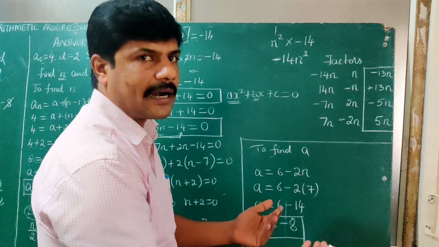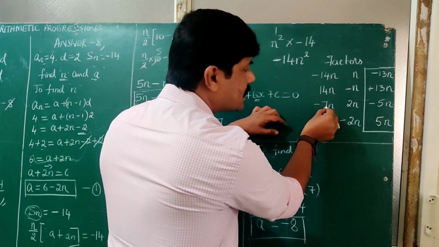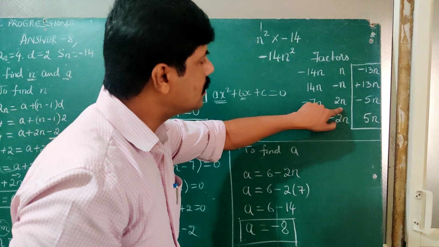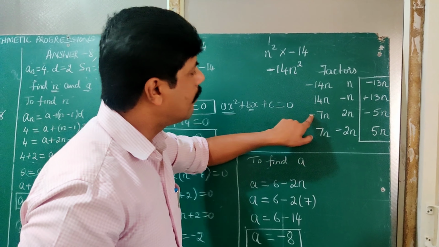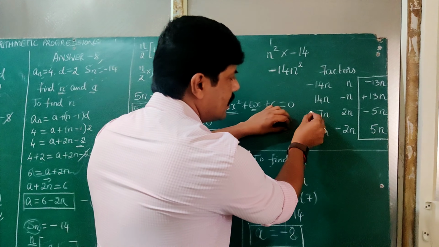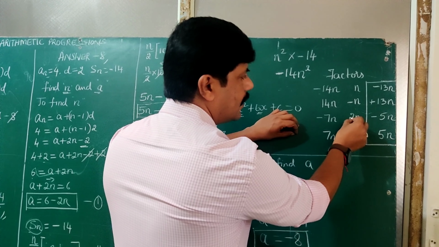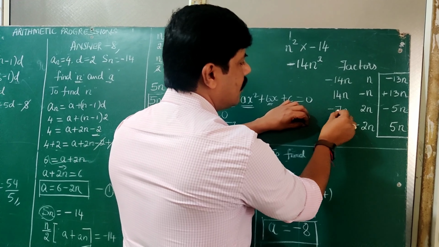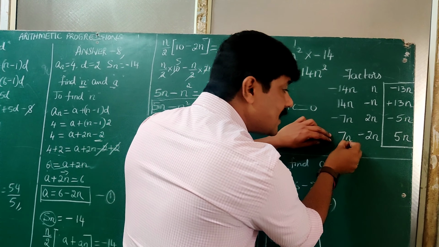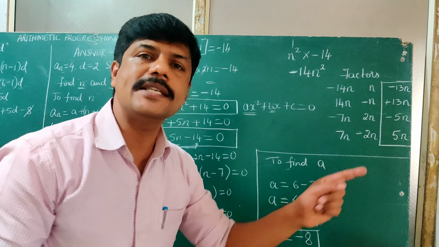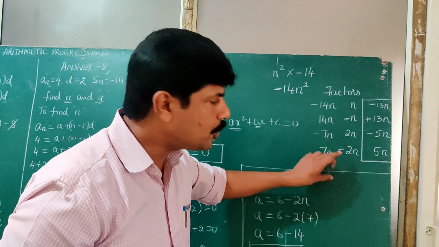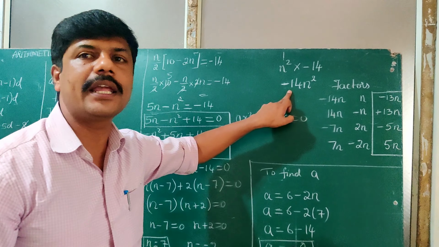Now the next factors are minus 7n and 2n, because 7 twos are 14, and the product is minus 14n square. So minus 7n and plus 2n are factors, because minus 7n into plus 2n is minus 14n square. And plus 7n and minus 2n are also factors, because you will get the same answer. 7n into minus 2n is minus 14n square.